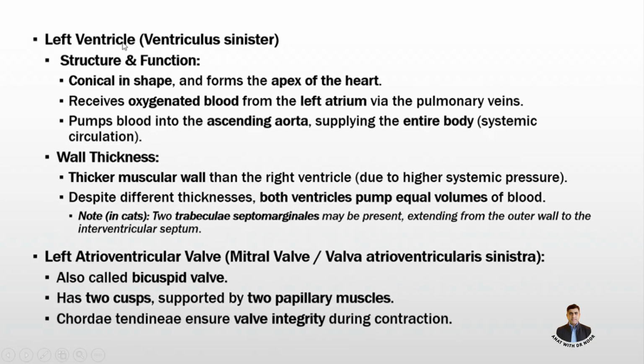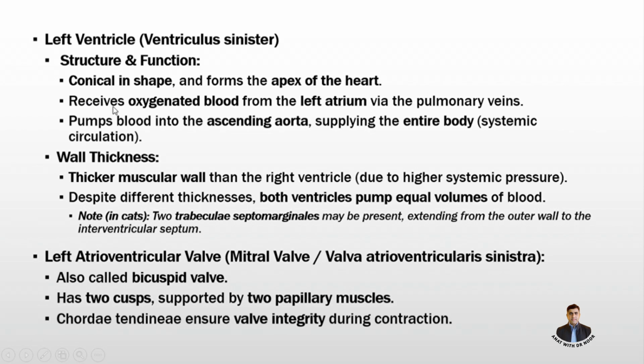Left ventricle. As we know, the left side of the heart contains the oxygenated blood, and we discussed earlier that the apex is mostly formed by the left ventricle alone. So let's go on to the structure and function of the ventricle. It is conical in shape and forms the apex of the heart.